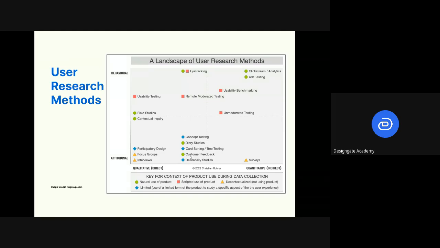You also want to do things like diary studies or contextual inquiry, field studies, eye tracking, clickstream or analytics, and also A/B testing. These things, you are not supposed to cram them. I'm just giving you this information ahead of time. In fact, you might never conduct an eye tracking research until your career ends. But it's important to know that they exist.